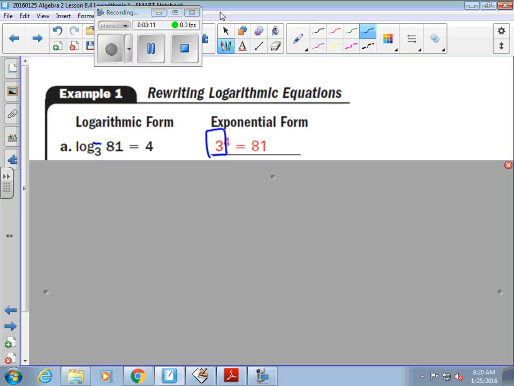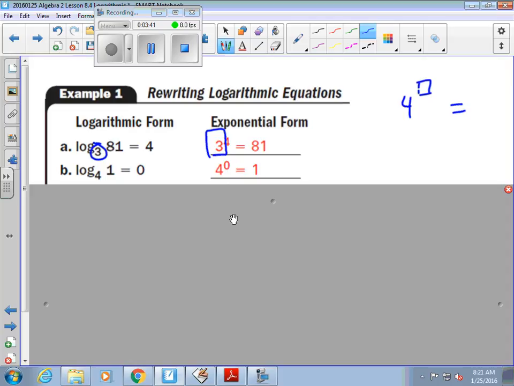Anytime you see the subscript down there, 3, remember, if you don't see a number like that 3 down there, you assume that 10 is there. Just like when you see 4 to the something power and there's not anything there, you know that something is 1. Remember, I always represent that with 1. If there's no base number, it's 10. But what this is saying is 3 to the 4th power is equal to 81. That's how you read that exponentially from logarithmic form.